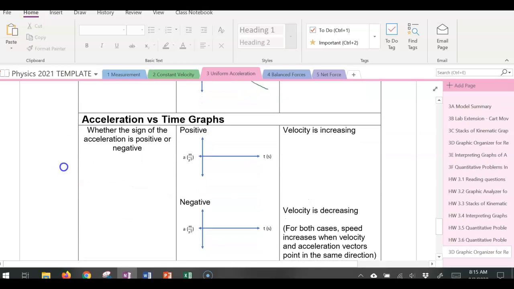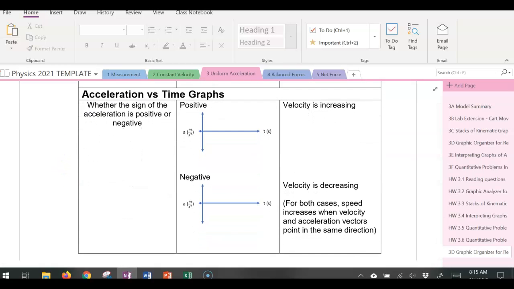Let's look at acceleration versus time graphs. All of the acceleration versus time graphs that we are using are shaped like a horizontal line. And that's because we are limiting our discussion to situations where acceleration is uniform or constant.